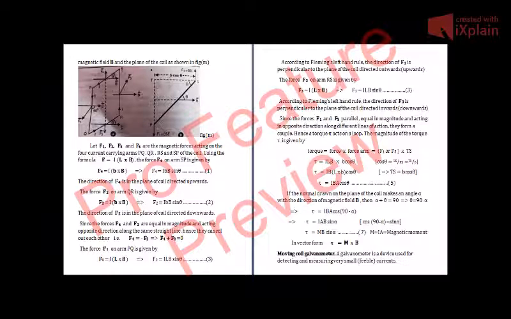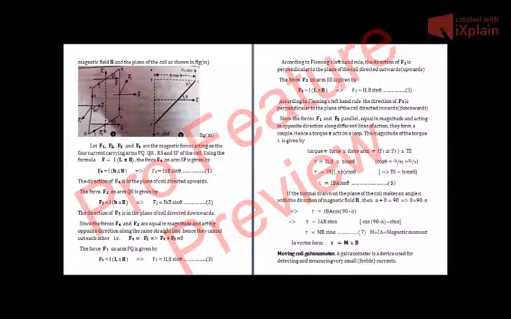Let F1, F2, F3 and F4 be the magnetic forces acting on the four current carrying arms. F1 is the force acting on arm PQ, F2 on arm QR, F3 on arm RS, and F4 on arm SP of the coil.